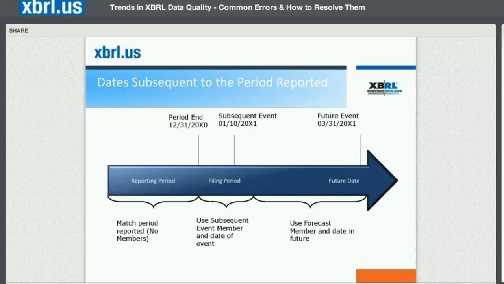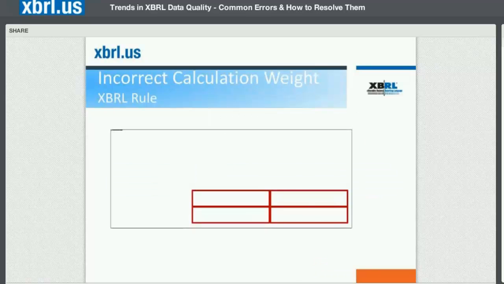So if you're reporting something with a context more than 90 days past year end or period end, that should be a forecast. Again, it's really just common sense, accounting and financial reporting experience. There's nothing unique about it. Know the values that you're reporting, understand the concepts in the published HTML financial statements, and then carry that through to the XBRL.